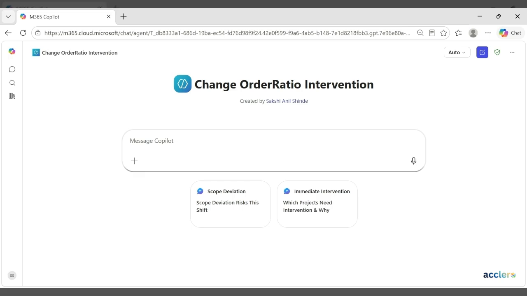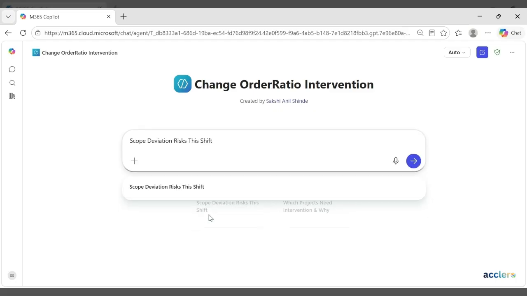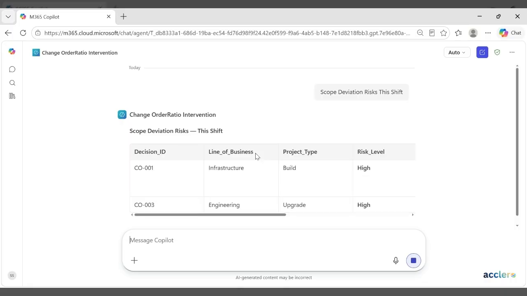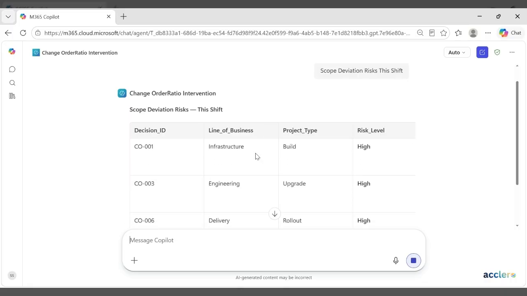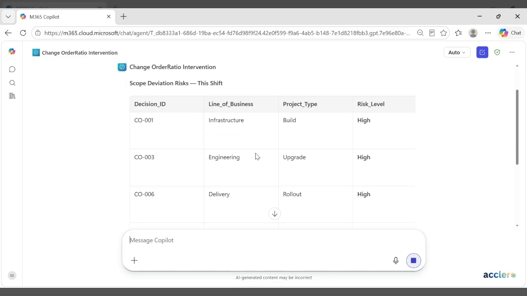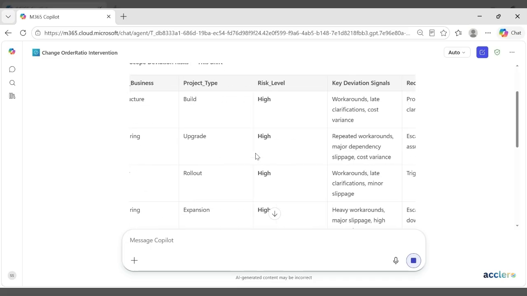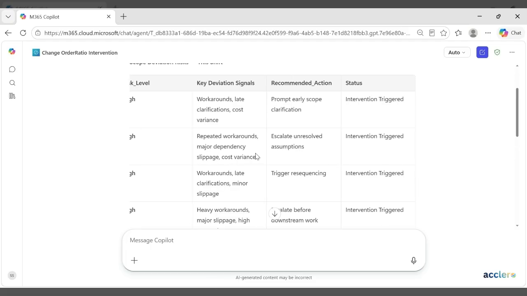So let us test the agent. Here I am asking the agent which scope deviation risks shift. The agent is showing all the active execution risks related to scope deviations.